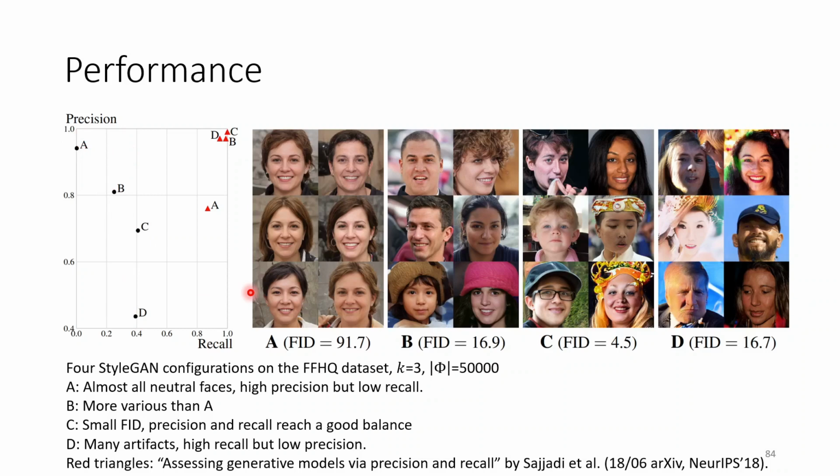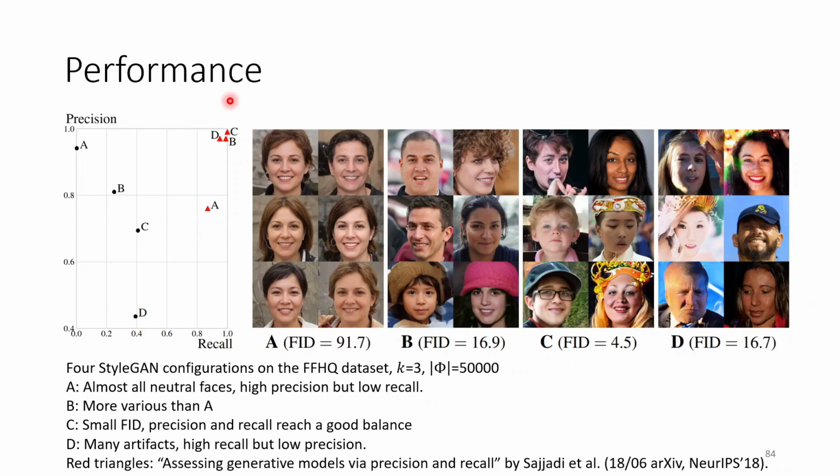Makes sense. If all images are neutral phases, then your recall is very low, but your precision is very high. With different diversity among those phases, the precision is slightly reduced, but the recall slightly increased. But the most important thing is here.